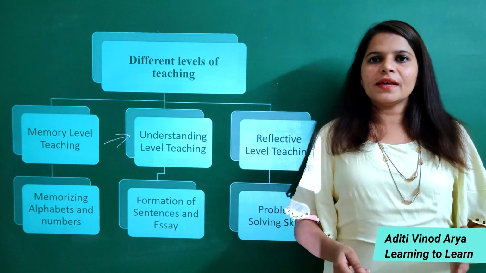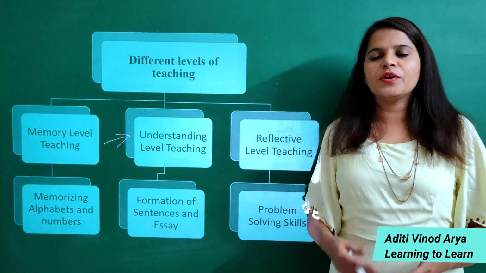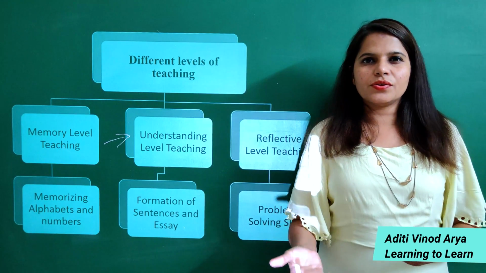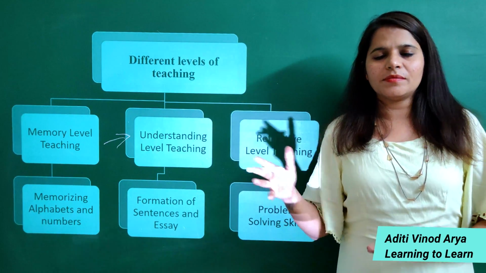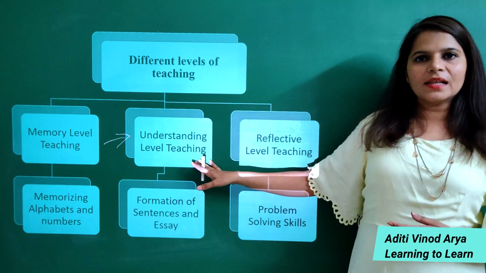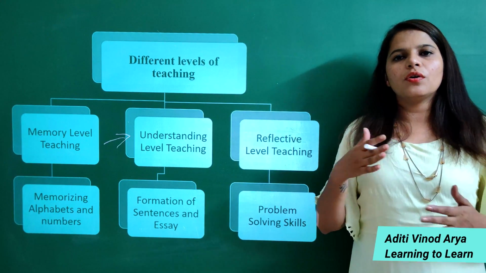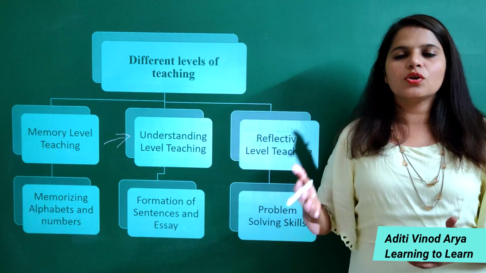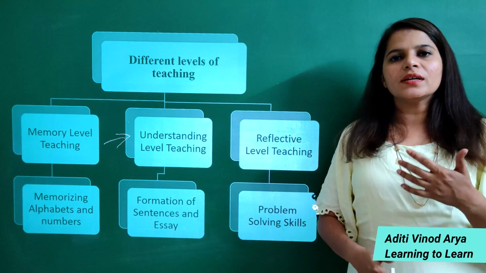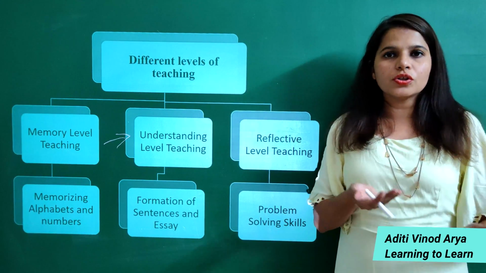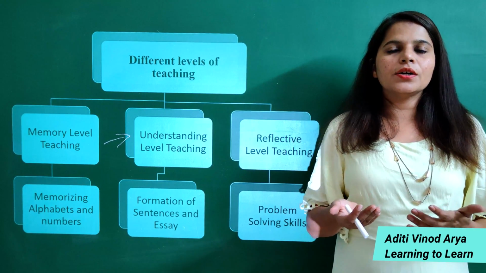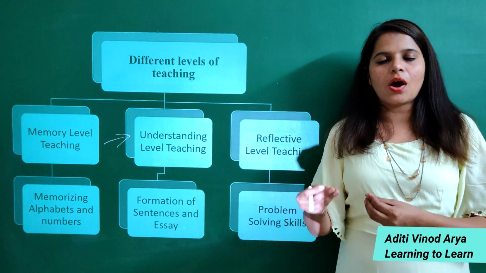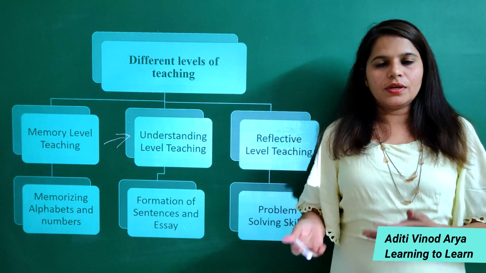So roughly, if I can take an estimate, for memory level it would be your LKG, nursery, UKG, first standard, something like that. But when we go to understanding level, it will go from your 5th standard to 10th standard or 12th standard, where you are trying to understand everything, make logic out of the things, and you're trying to make sense out of what you have understood in the classroom.